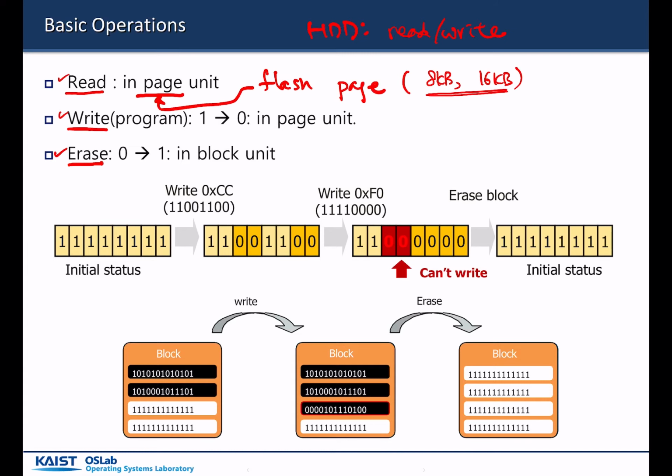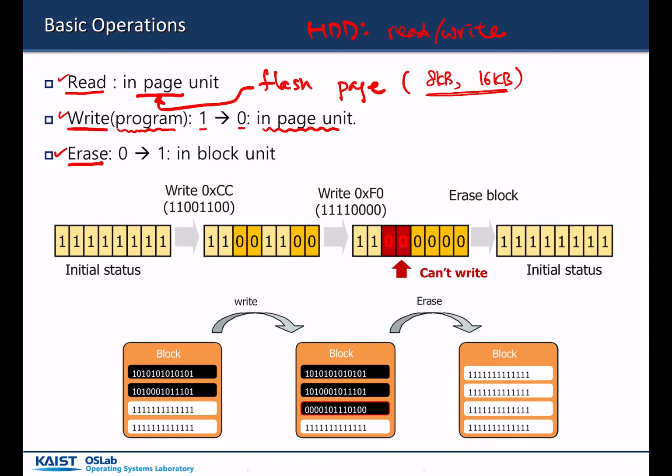A write operation is also called a program. Write is performed in page units, and flash memory is all initialized to 1. Writing a page, or programming a page, is the process of transforming certain 1 values to 0.